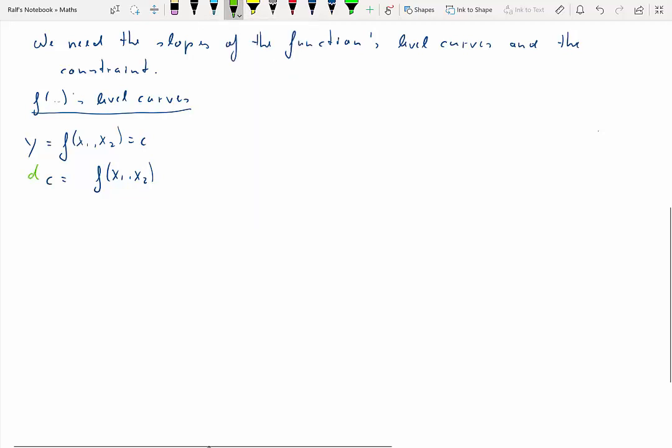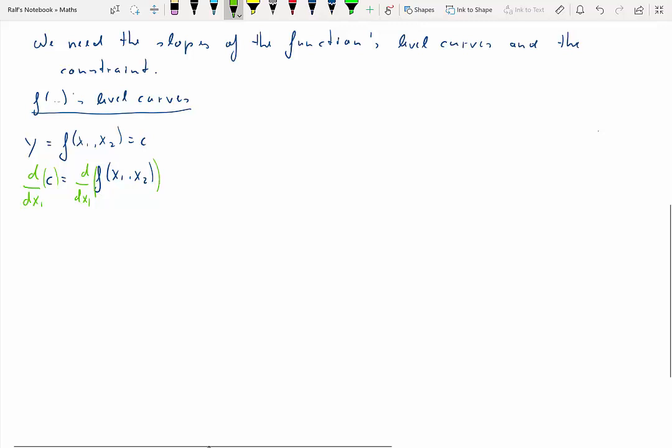What we are really after is the slope of this function. So we're going to do a little trick, an application of the chain rule. We're going to take this function c equals f of x1 and x2, and calculate the derivative on both sides with respect to x1.